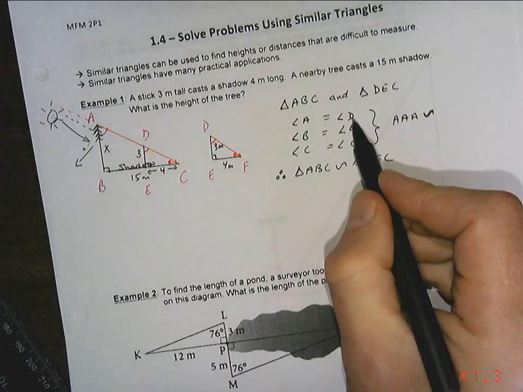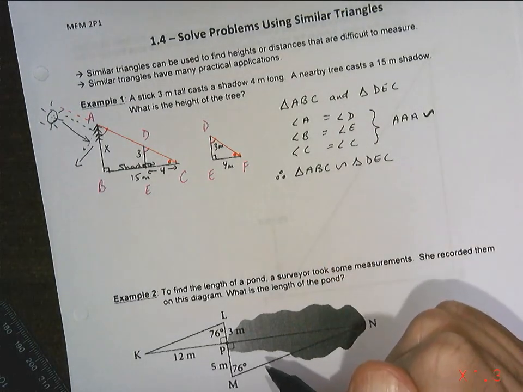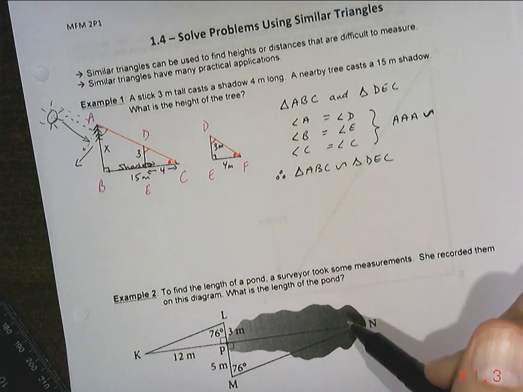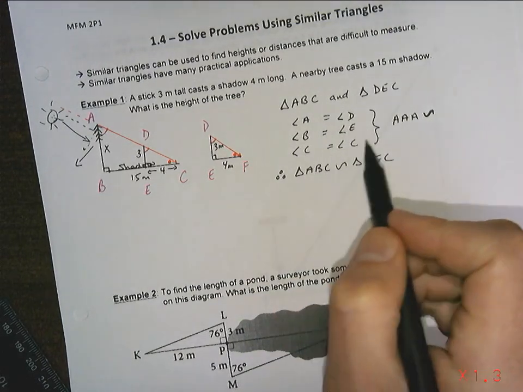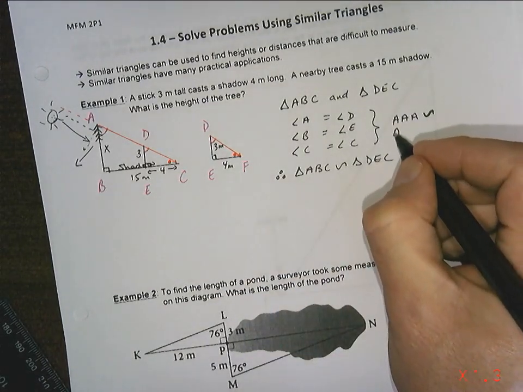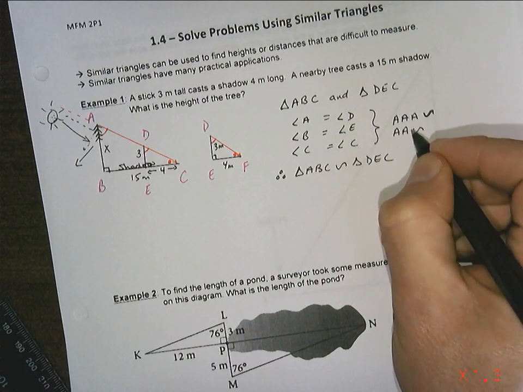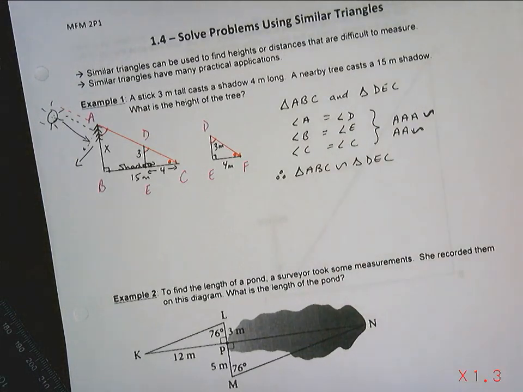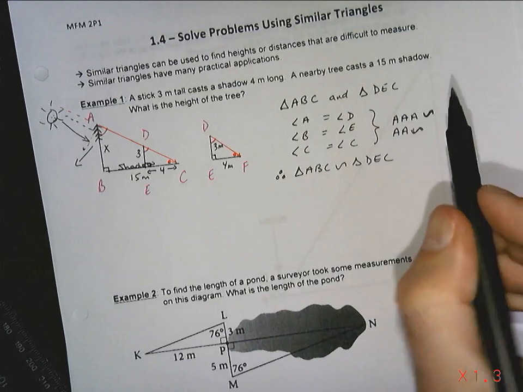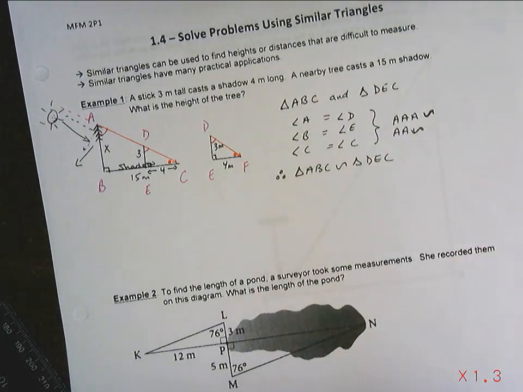So it would be good enough just to show that two angles were correspondingly equal. We don't actually have to show all three, and if you just do two, then you're going to say angle, angle similarity. And if you do all three, then you'll say angle, angle, angle similarity. But because of this, we know that they're similar.